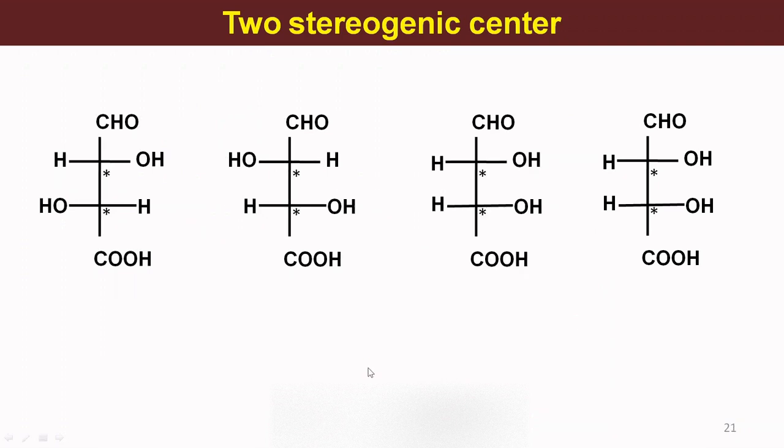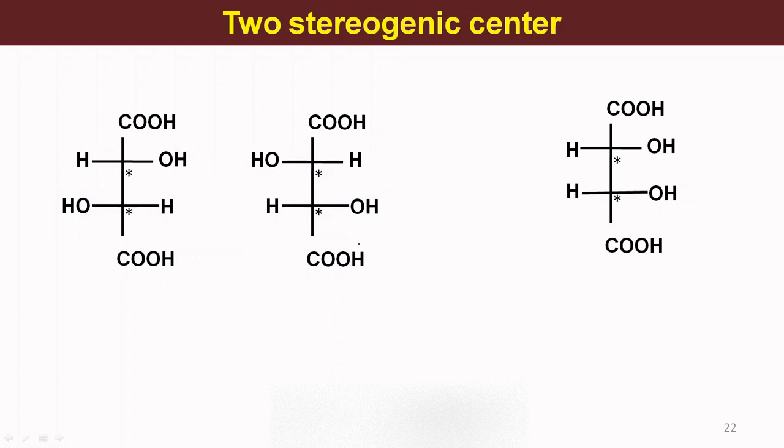Let us consider stereoisomers with 2 chiral centers. If the molecule has 1 chiral center, we can expect 2 stereoisomers. In general, if the molecule has n chiral centers, then we can expect 2 to the power n stereoisomers. This molecule has 2 chiral centers, hence we can expect 4 stereoisomers.